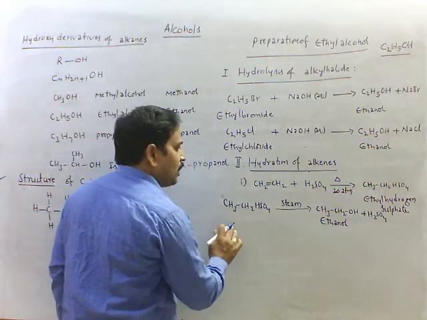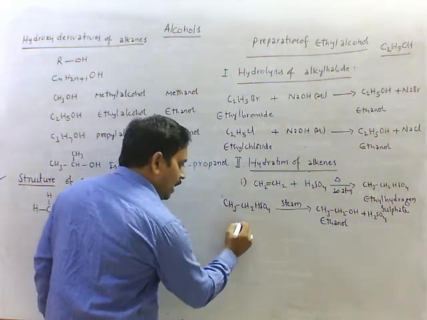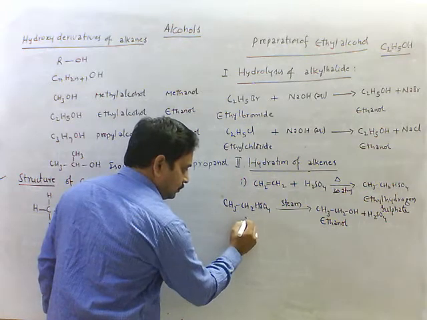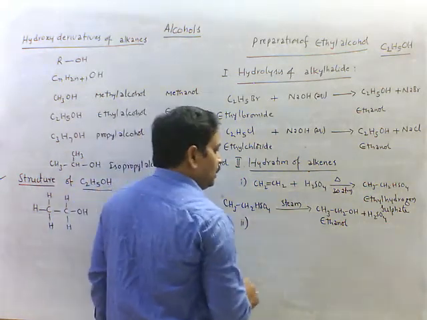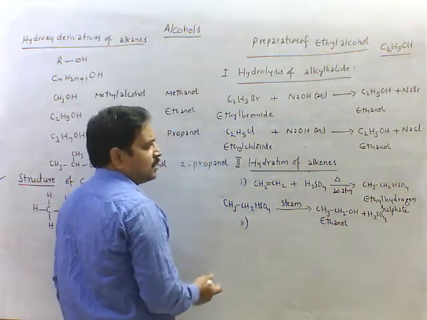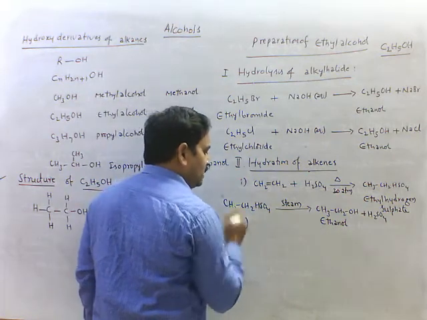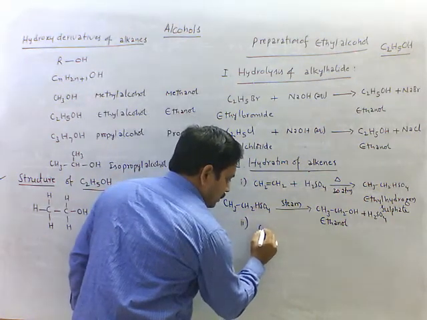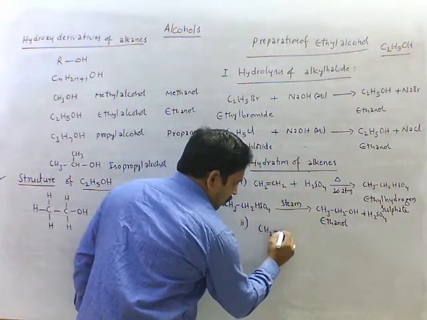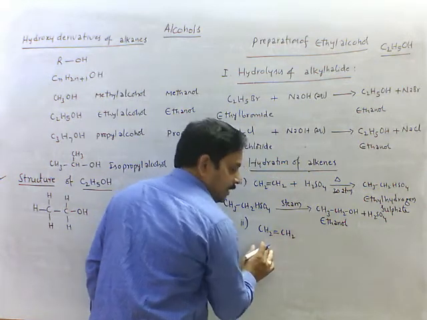See, next, in this second case we have acidic hydrolysis of alkene, that is ethylene. We are taking CH2=CH2. This is ethene.